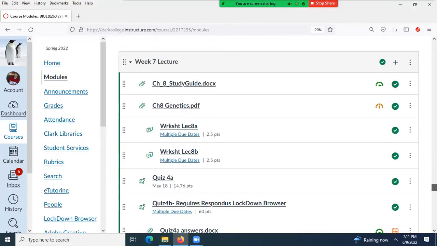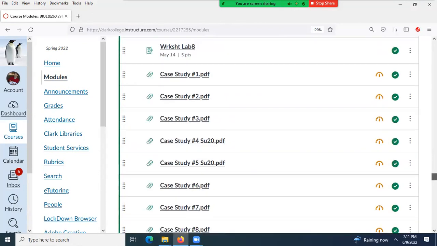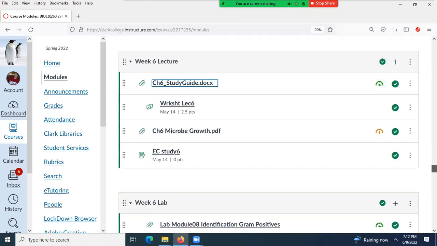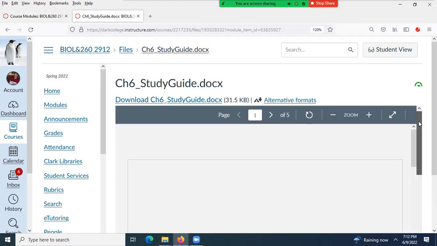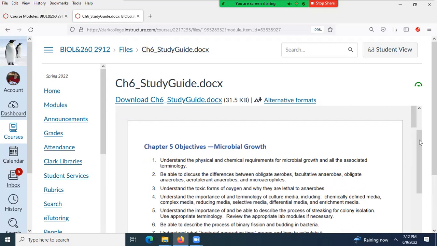I'm not seeing chapter 6. Oh, there it is. Didn't we just talk? Oh, that's why you didn't do chapter 6. It's got chapter 5. I need to correct this. Let me see if I can correct this from here.